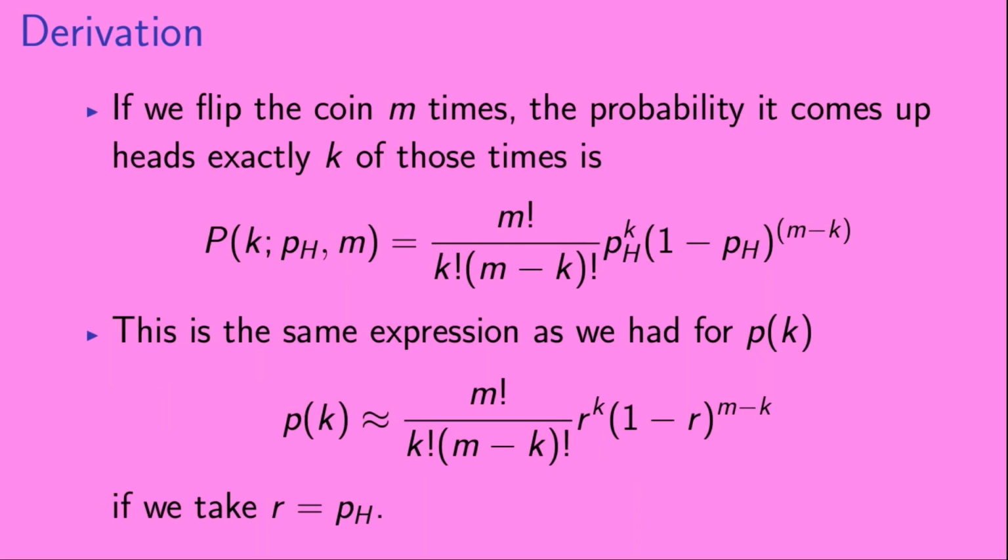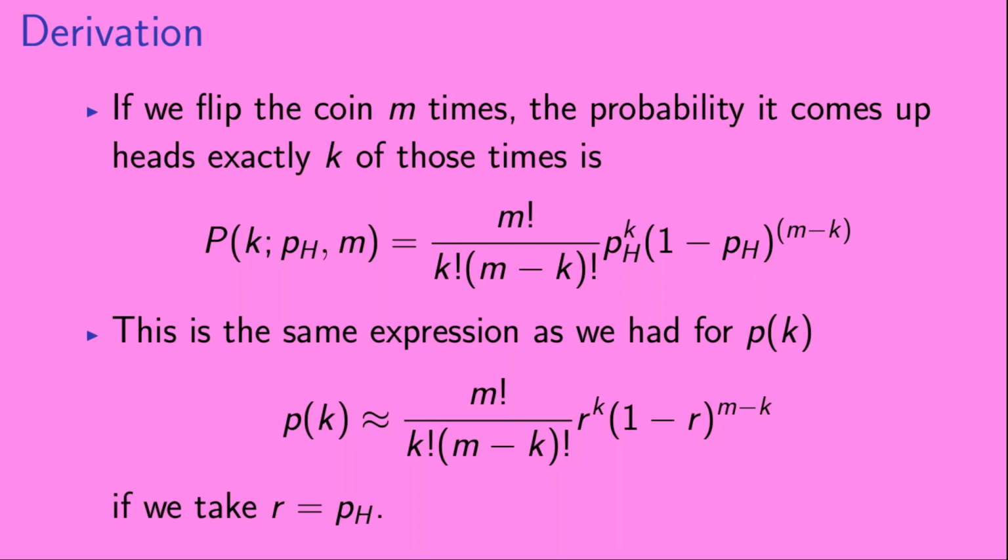If we flip the coin m times, the probability it comes up heads exactly k of those times is given by what we called p of k given ph and m, which equals m factorial over k factorial (m minus k) factorial, ph raised to the power of k, (1 minus ph) raised to the power of m minus k.